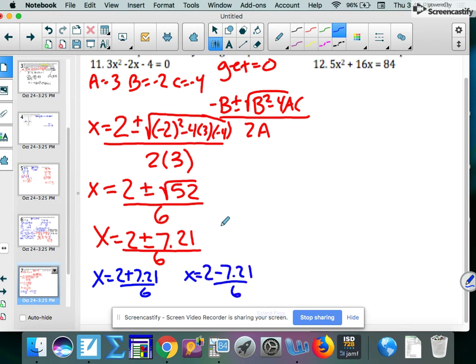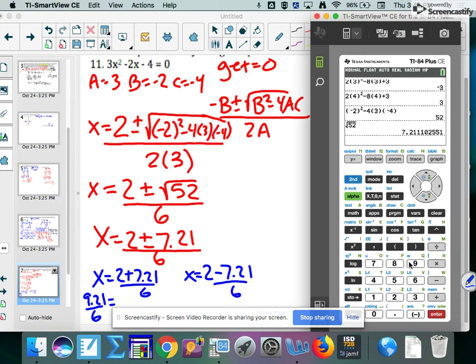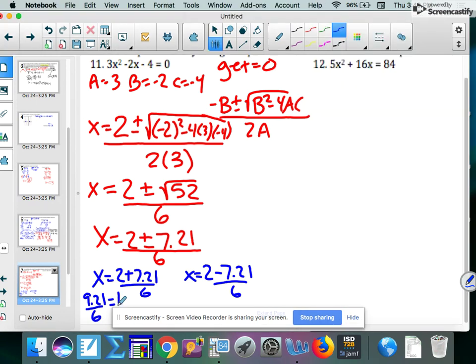From this first one, you get 9.21 divided by 6, which gives you 1.535. I'm going to round that up to 1.54. So that's one of your answers.